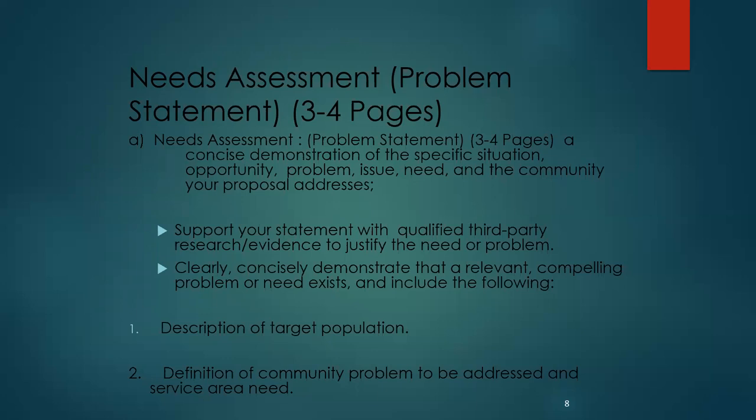But if it's a bigger grant, then they're gonna want even more. I've voted on grants in which the problem statement was like 10 pages long. That's because we was going for millions of dollars. So you better put everything you can in there, including the kitchen sink.